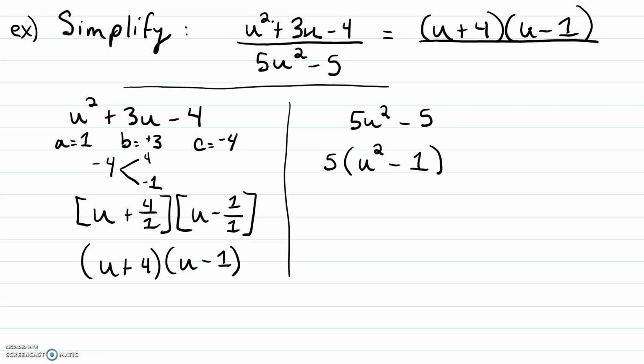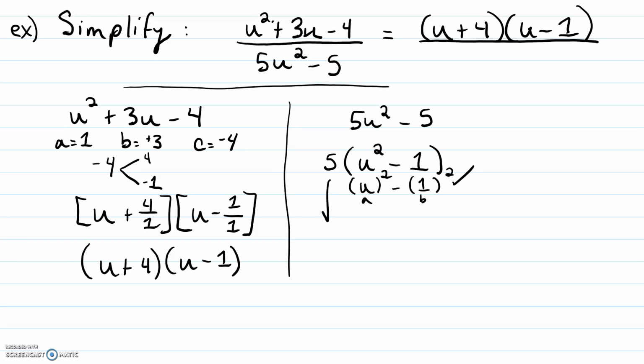After you check for GCF, then see if you can apply a formula, difference of squares. So let's see if this is a difference of squares. If so, we can go ahead and use our formula. Alright, so u squared is u squared, 1 is 1 squared. So yes, this is a difference of squares.